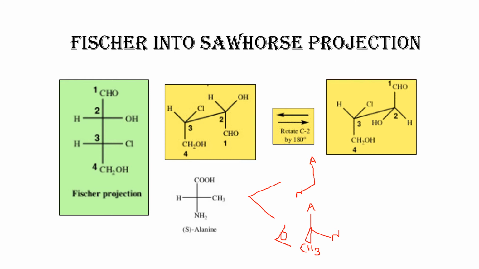If your view is on that side, then this will be on the right side. If this should come on the left side, then here H will be on the solid wedge and CH3 will be this one. Are you getting it? I think you will be very clear on this after this case. Here the view will be here.